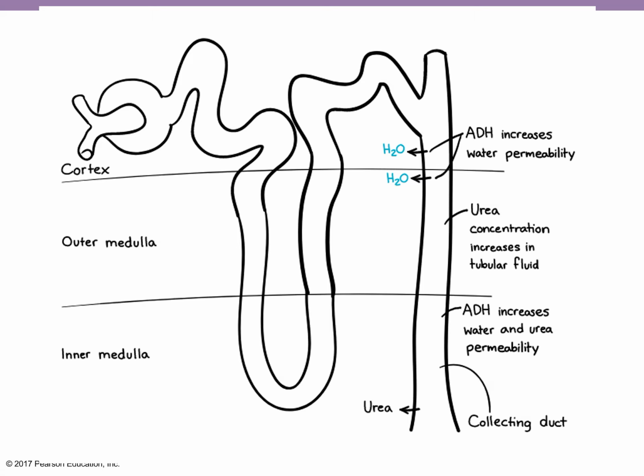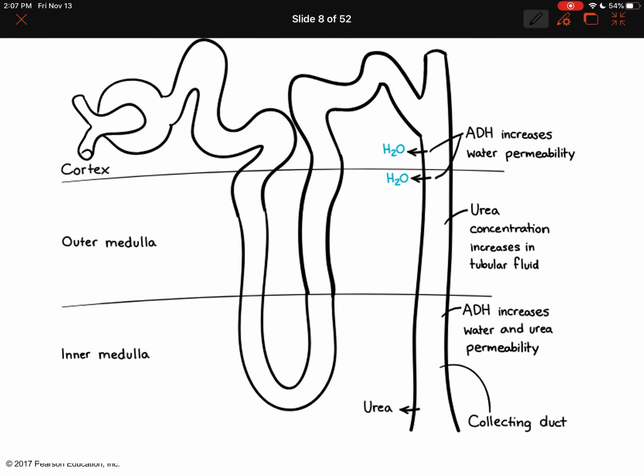So first of all, we have to set up our salty gradient. I'm going to change colors here. Remember that we have a 300 milliosmol concentration in the cortex and also at the upper medulla. And then as we move down, we're going to get to a very, very hyperosmotic 1400 milliosmoles. Okay, and how is this done? It is done because the ascending limb of the loop of Henle is going to be actively pumping out our ions.